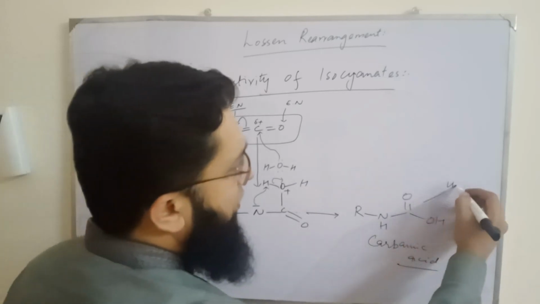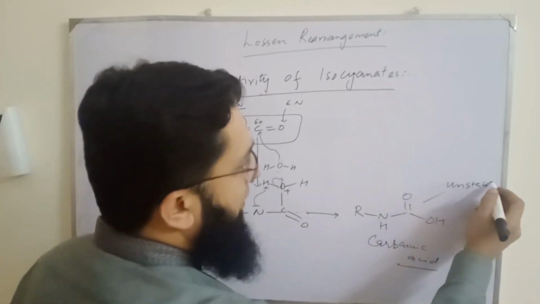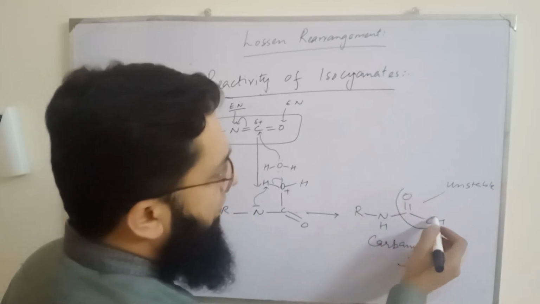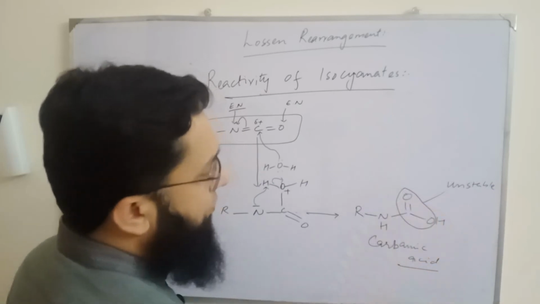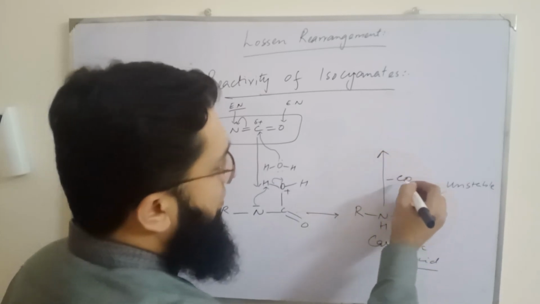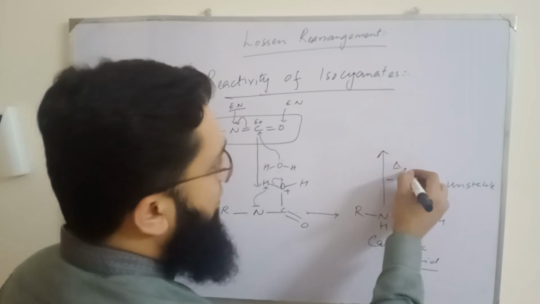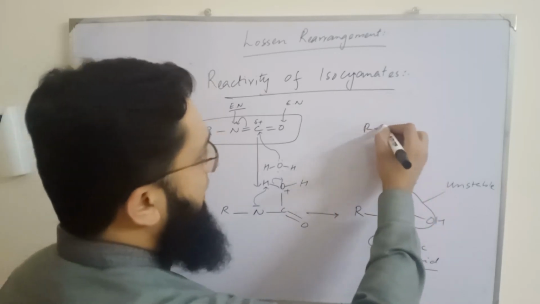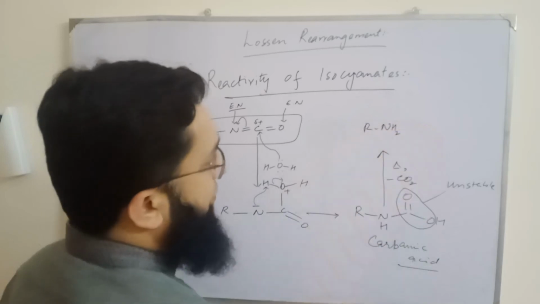Carbonic acid is an unstable acid. This molecule is unstable, and there are very good chances of liberation of this CO2 from here, and as a result CO2 can liberate if this molecule is heated, and we get RNH2.